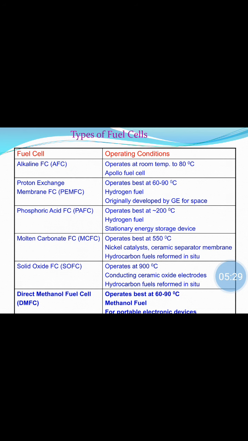There are other types of fuel cell on the basis of the membrane used, like alkaline fuel cells, proton exchange membrane fuel cell, phosphoric acid fuel cell, molten carbonate fuel cell, and solid oxide fuel cells, among which the alkaline fuel cell has the maximum efficiency, about 60%, compared to others; the polymer exchange membrane has about 58%, but the polymer exchange membrane fuel cell is more popular because of its easy start and stop character and the temperature range.